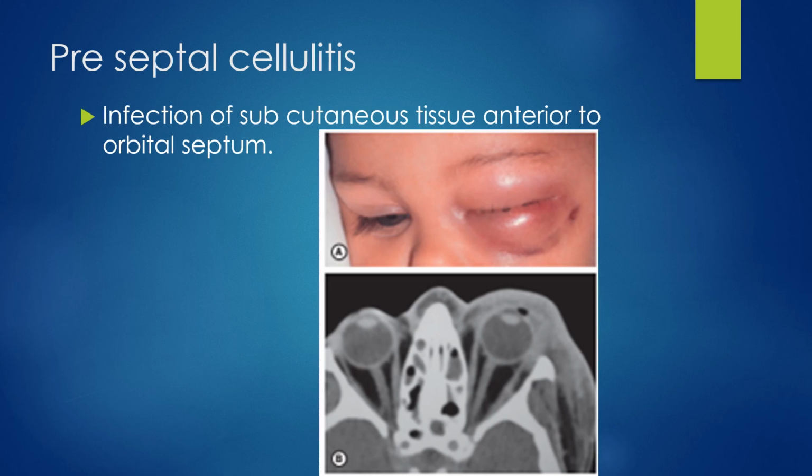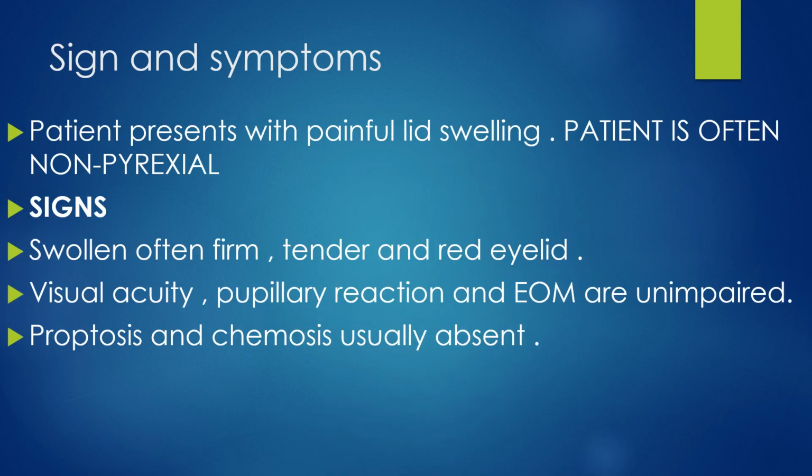Orbital cellulitis has been mainly divided into preseptal and orbital cellulitis. The preseptal is the infection of subcutaneous tissue anterior to the orbital septum. The patient may present with painful lid swelling and is often non-pyrexial.